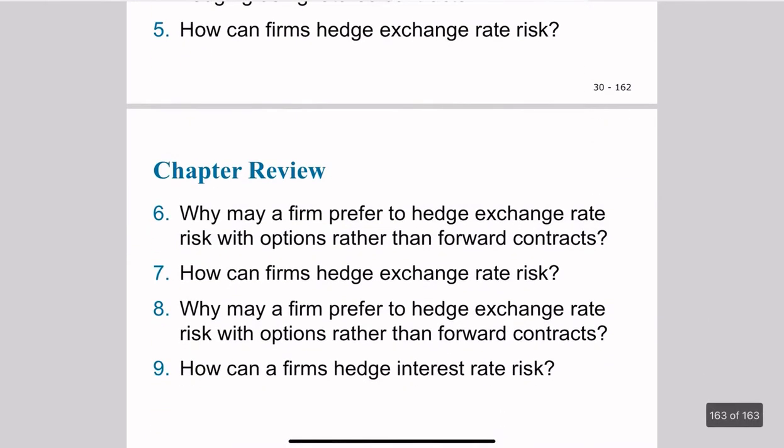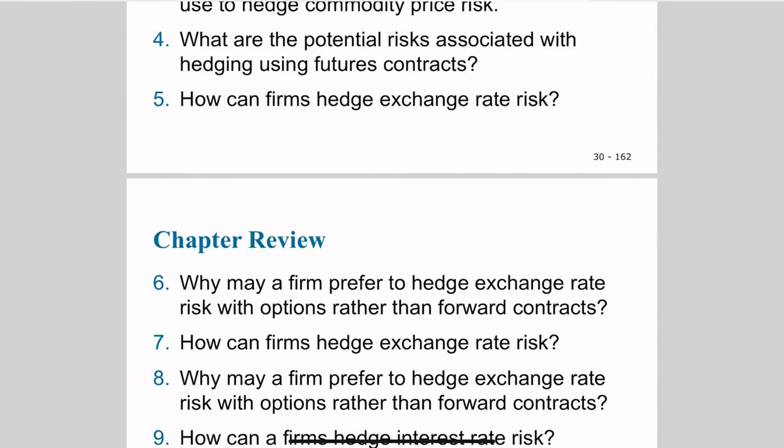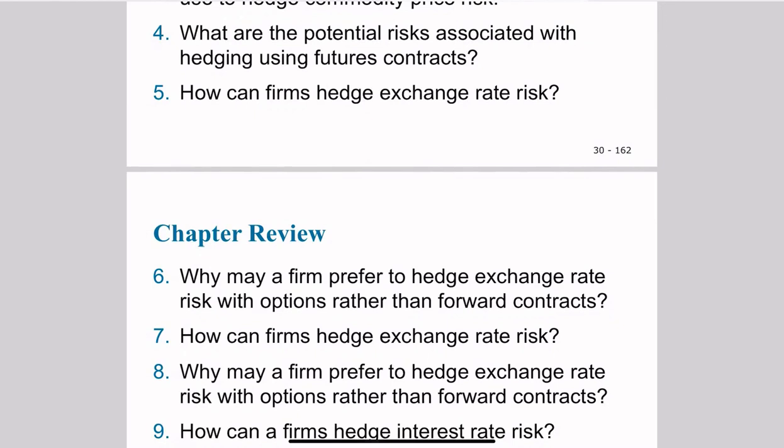Okay, why might a firm prefer to hedge exchange rate risk with options rather than forward contract? So this one is similar to problem 4.